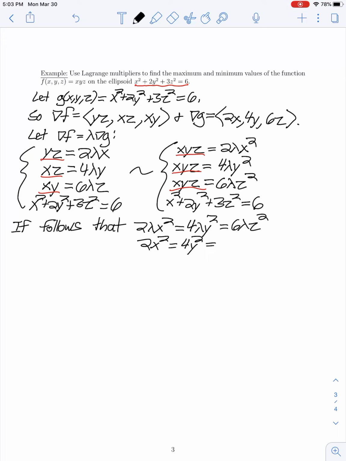So if we were to divide through by lambda, we have 2x squared is equal to 4y squared, which is equal to 6z squared. So we could also divide through by 2, and we're left with x squared is equal to 2y squared, which equals 3z squared.